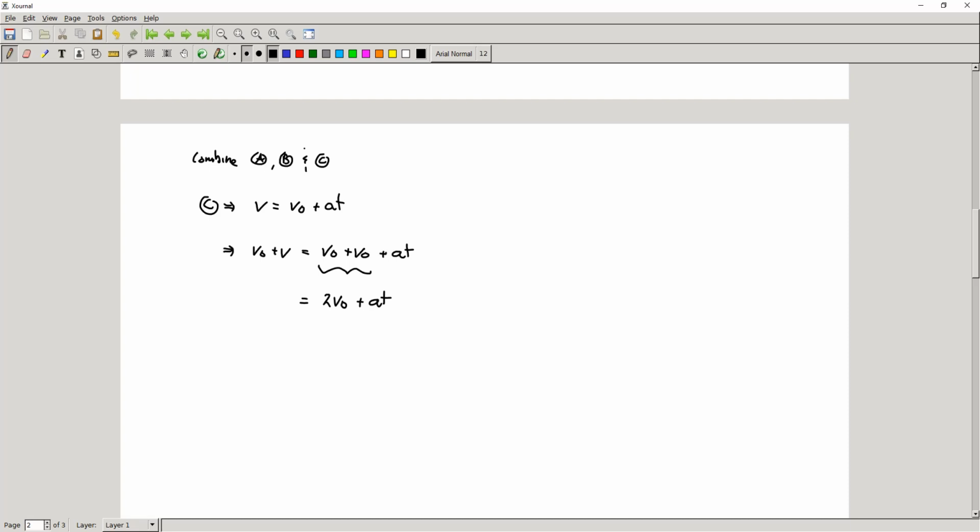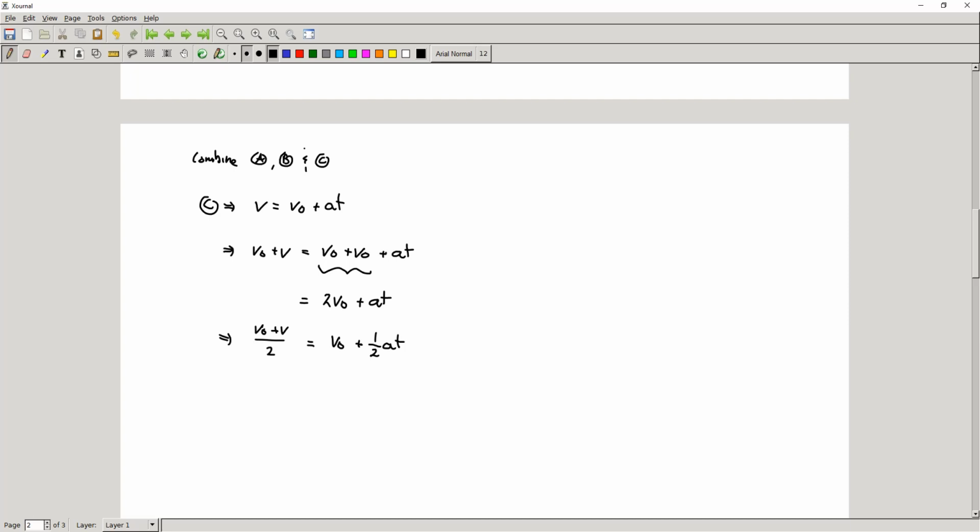And what we're going to want to do now is divide both sides by 2. If we divide the left-hand side by 2, we end up with V naught plus V over 2, which is equal to, dividing this first term, V naught, and the second term, a half AT.